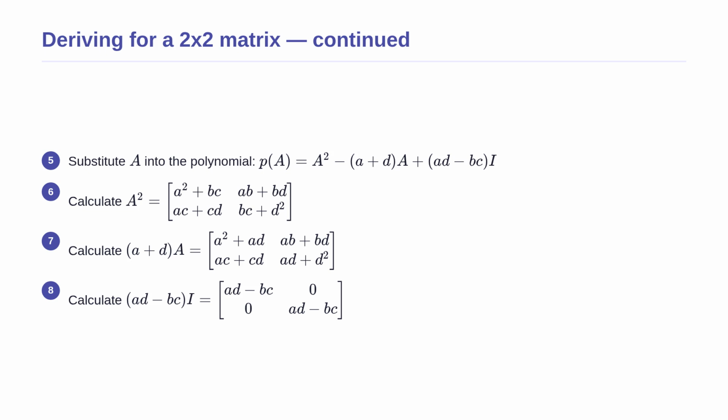Next, we distribute the scalar sum A plus D into every entry of matrix A. Finally, we multiply the determinant scalar by the identity matrix, which places that value exactly on the diagonal. The intuition here is that we are breaking down a complex matrix polynomial into manageable individual grids that we can easily combine in the next step.